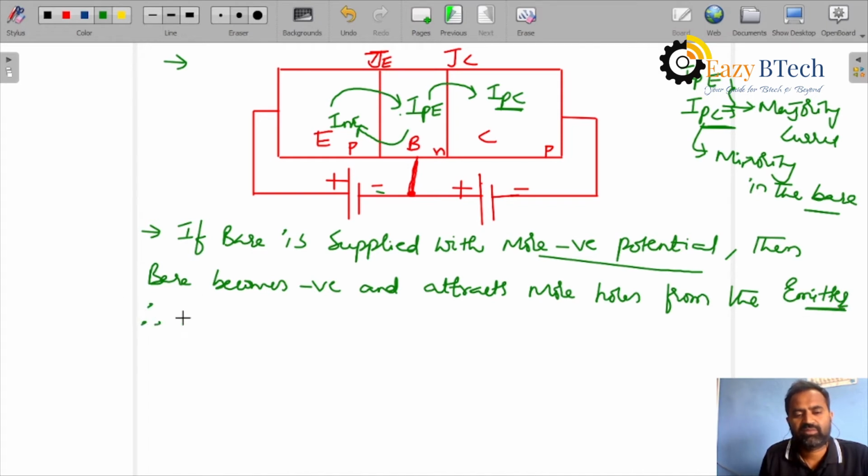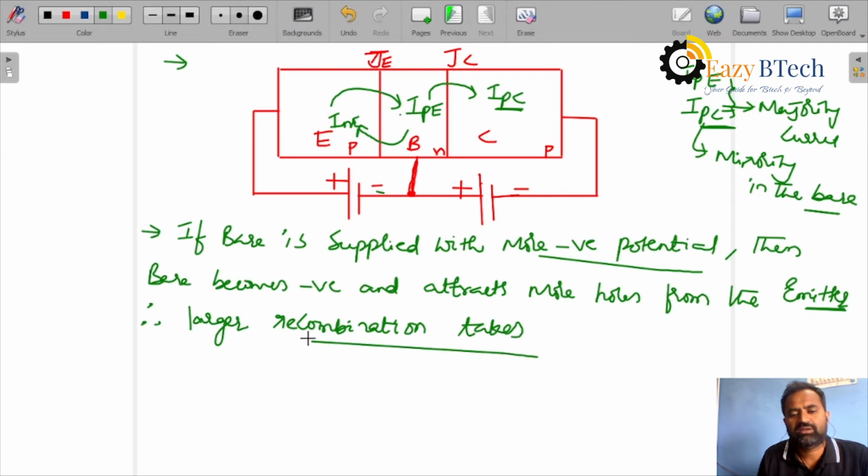Therefore, larger recombination takes place inside the base region.